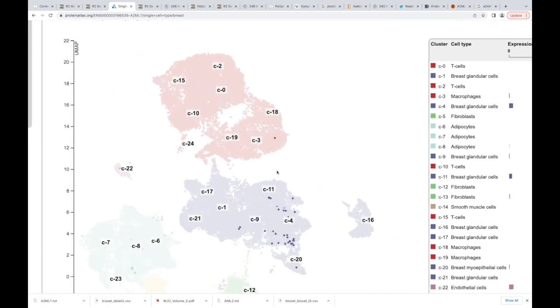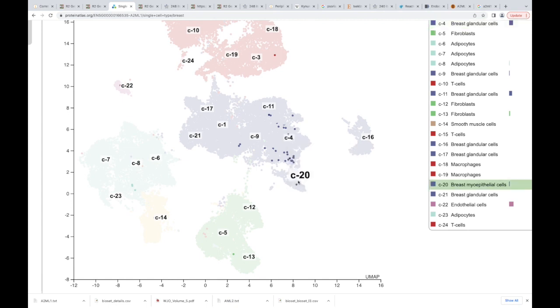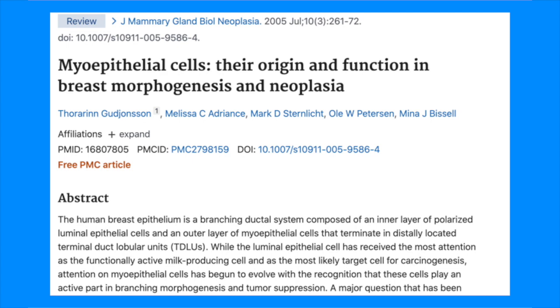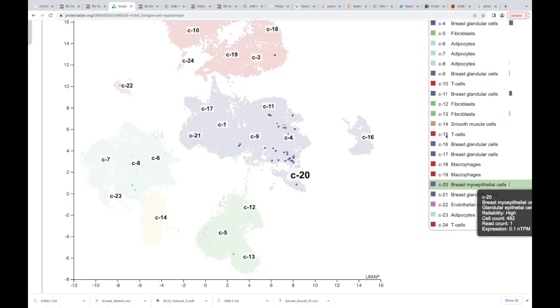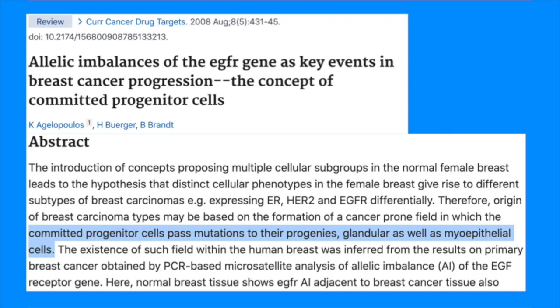In this case, C4, C20, what is that? Myoepithelial cells, it tends to be. C4, glandular cells maybe. Back.